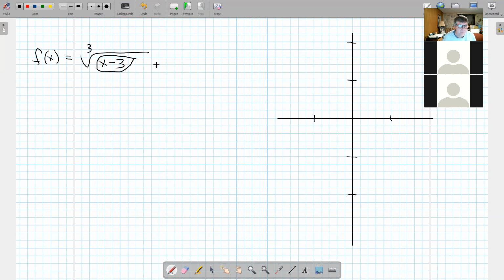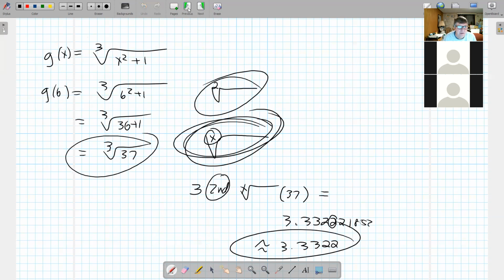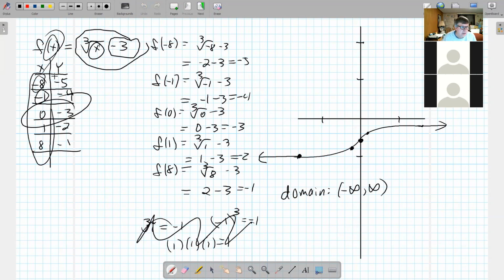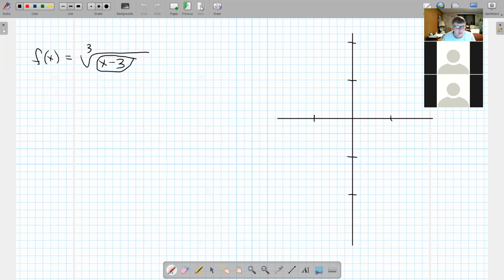Now, let's go back. Here, because inside the radical, the cube root was x, we used x values that were cubes. -8, -1, 0, 1, and 8, okay?